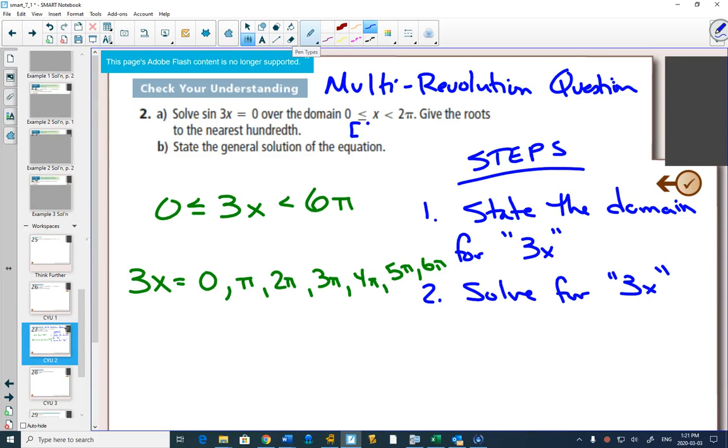This is from 0 to 2 pi round bracket. And because 6 pi is not included, I'm just going to put an X through that one because that one's not supposed to be included anymore. That's really not nice of the textbook to do that to me.